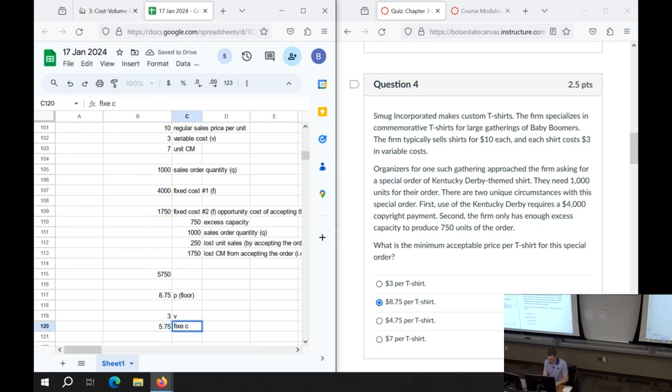So we have to charge each shirt $5.75 to make up for the fact that the overall 1,000 unit order will cost us $4,000 for the logo and $17.50 for lost contribution margin from regular paying customers. Those are the 2 components. They go into that. And I'll make it look fancy too.